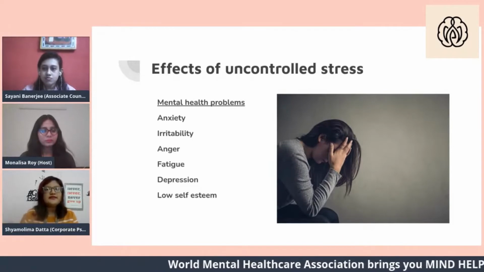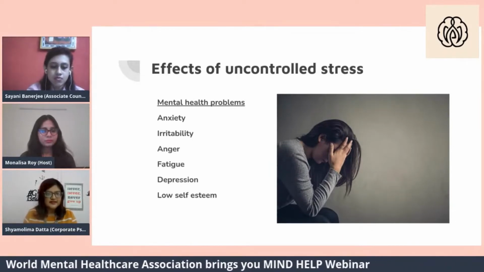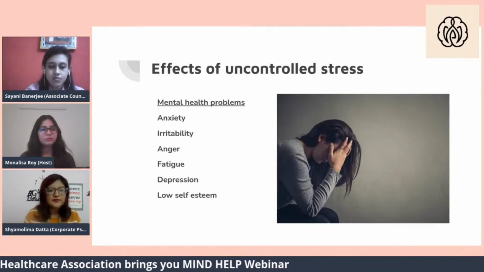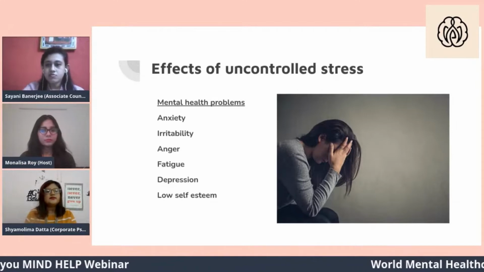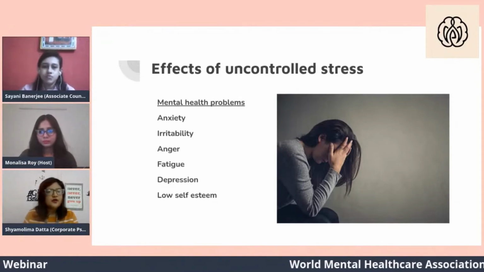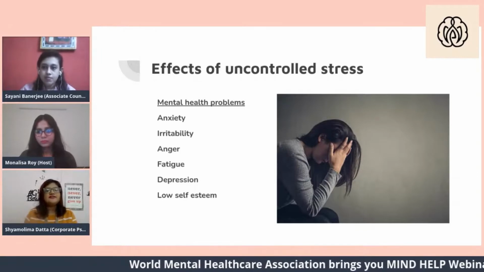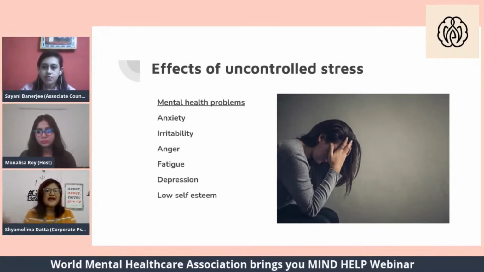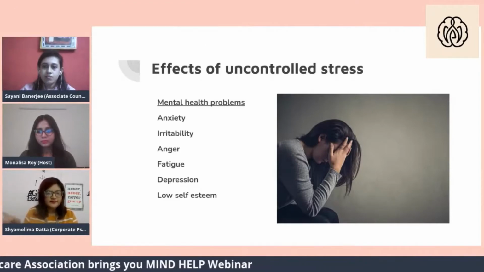You can experience heart palpitations. These are the physical effects that I'm talking about. You can experience high BP or low BP, blood pressure. And there could be extreme symptoms like you can develop thyroid. Thyroid is also a direct effect of stress.